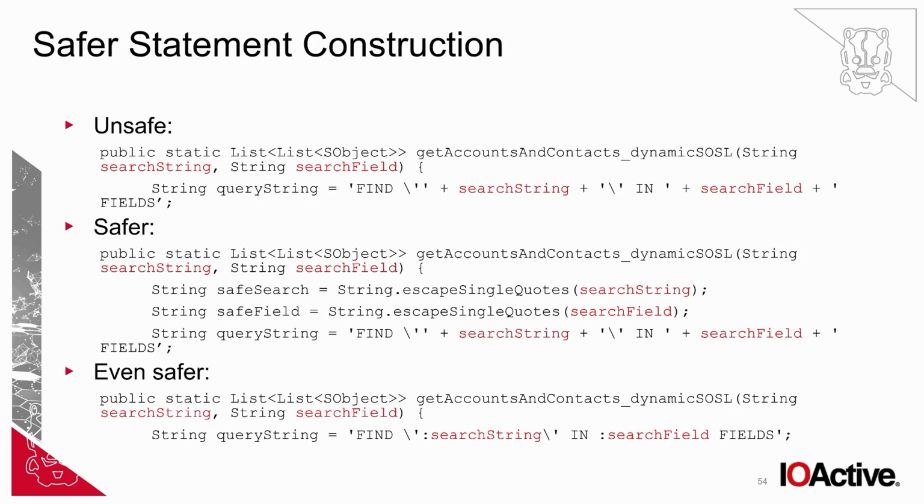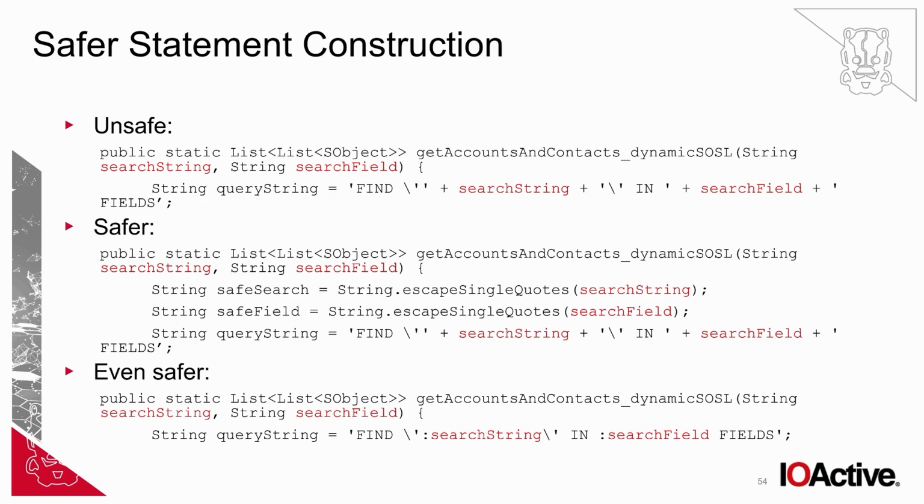So in terms of safer statement construction, here are examples of unsafe, safer, and even safer. The top one is the injectable version of that SOSL query being built up dynamically in Apex code, where an attacker could inject into either the search string or the search field and cause some information disclosure.